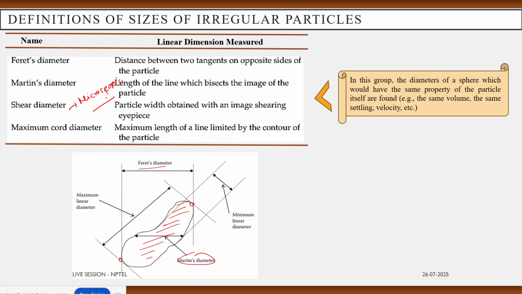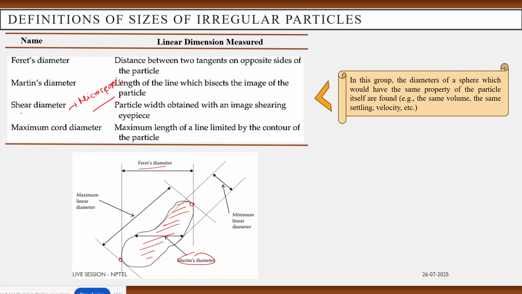Two images of the same particle are displayed so that they are just touching, and the length of the displacement is known as the image shear diameter of the particle.